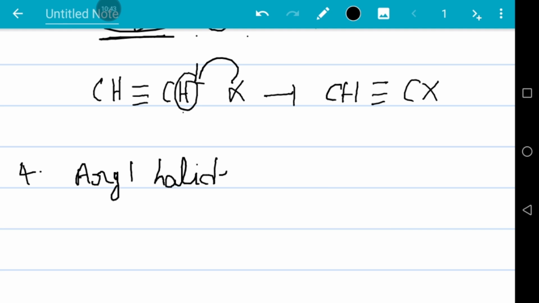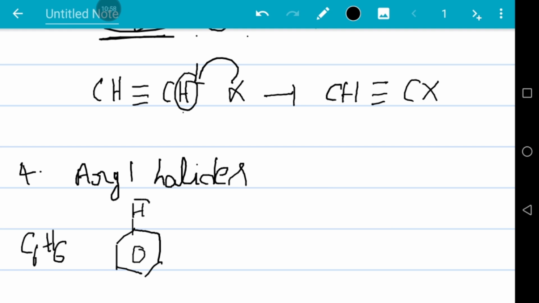Aryl halides are the derivatives of aromatic compounds, for example, benzene. What is the formula of benzene? C6H6. So each carbon has one hydrogen. Now if this hydrogen is replaced by the halogen, then we will get the aryl halide.